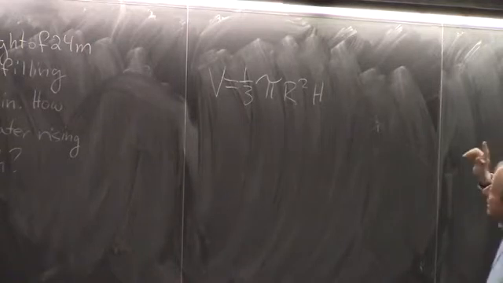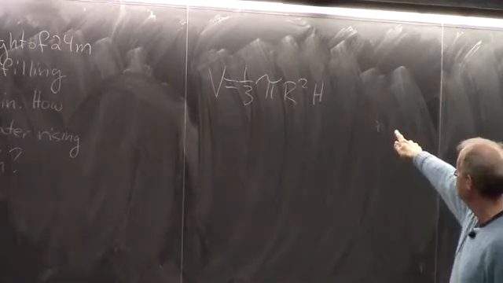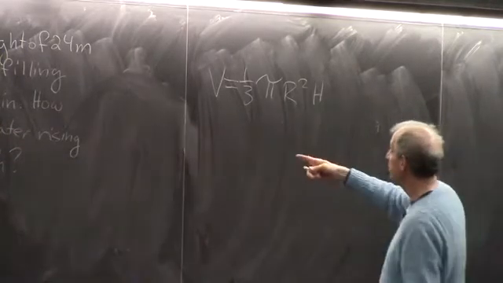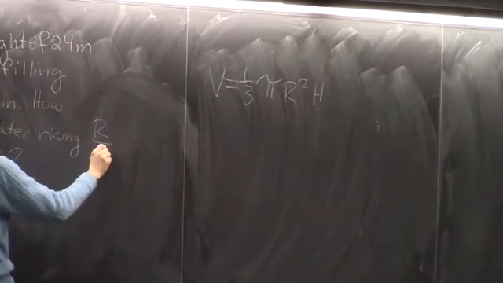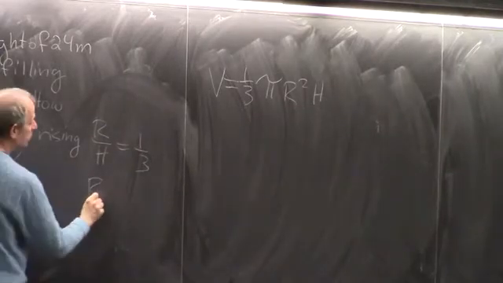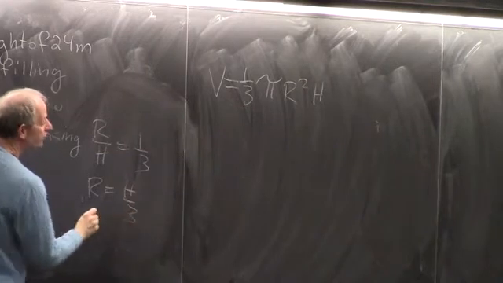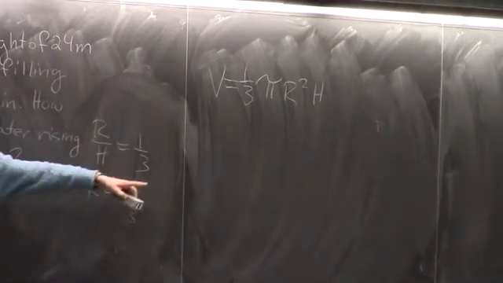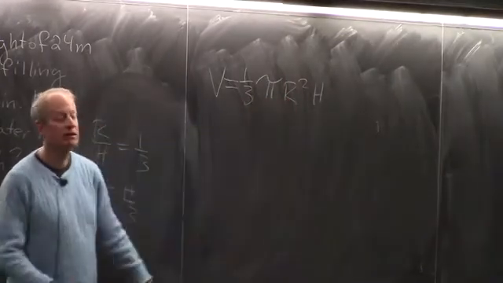I can use the fact that the radius and the height are related to rewrite the volume equation and get rid of radius. Because I know that radius over height is always 1 to 3. 8 divided by 24 is a third. So the radius will always equal h over 3. So now I can take that and I can plug it in here.